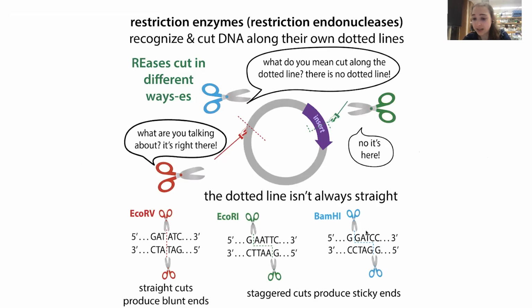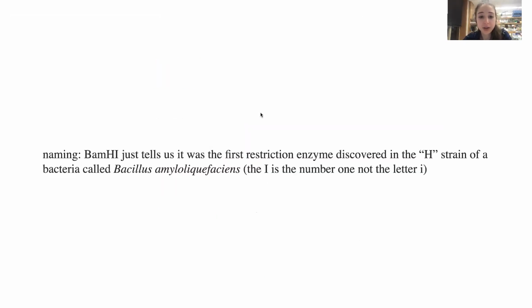It recognizes this sequence and cuts it in this place. The name just tells us it's the first restriction enzyme discovered in the H strain of a bacteria called Bacillus amyloliquefaciens. I'm not going to try to say that. And so that's where the Bam comes from, the H is the strain, and the 1 is for the first enzyme described.